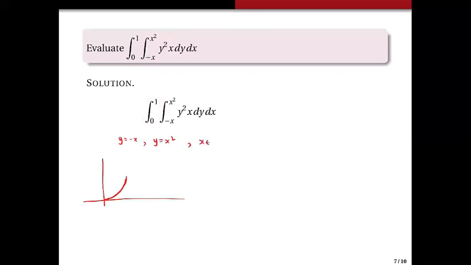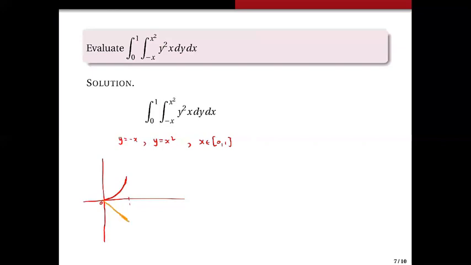So here your x is from 0 to 1. So you have this. This is the 0. This is the 1. Okay? And then y equals negative x. From 0 to 1, the graph is somewhere here. Okay? The graph is going down here.